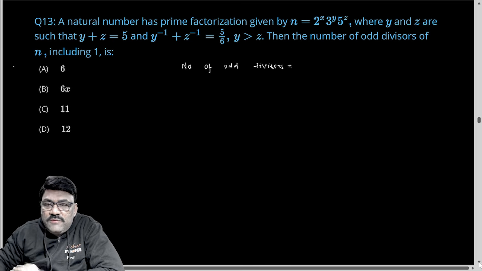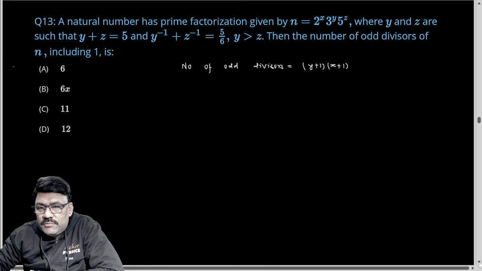So the number of odd divisors will be basically (y plus 1)(z plus 1). See, a divisor of this number n will be of the form 2 raised to a, 3 raised to b, 5 raised to c. But since your divisor is odd, for a you have only one option, which is 0.